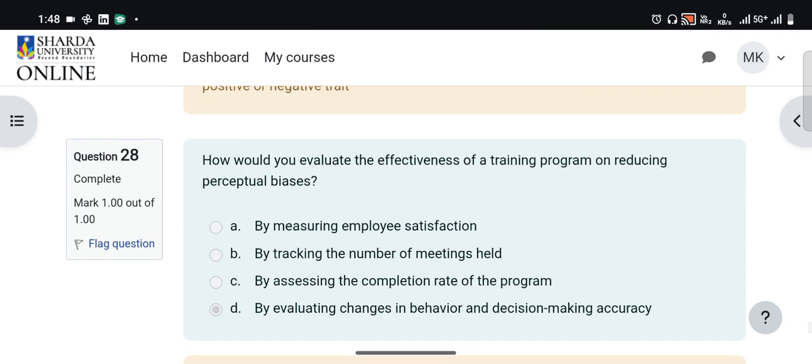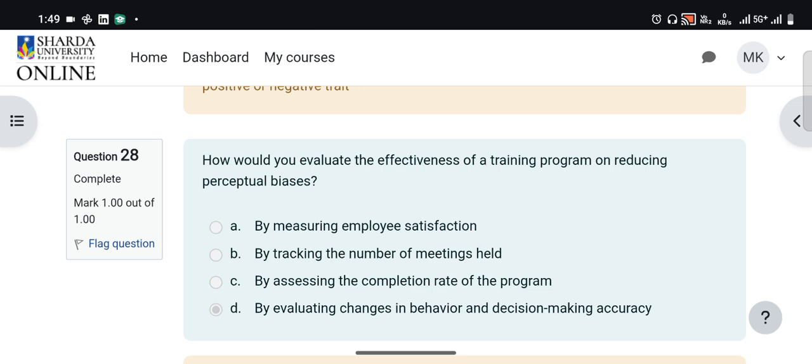Question number 28. How would you evaluate the effectiveness of a training program on reducing perceptual bias? Option A, by measuring employee satisfaction. Option B, by tracking the number of meetings held.